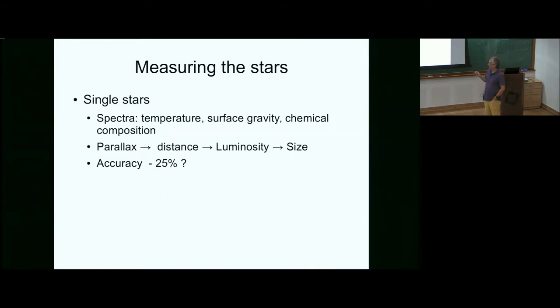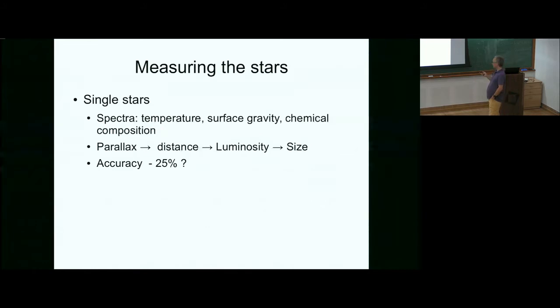One thing is you can measure a spectrum. You don't really have to measure the spectrum precisely to get the temperature. You can measure the brightness in a few bands and get a rough estimate of the spectrum, assuming that the radiation from a star is close to black body.